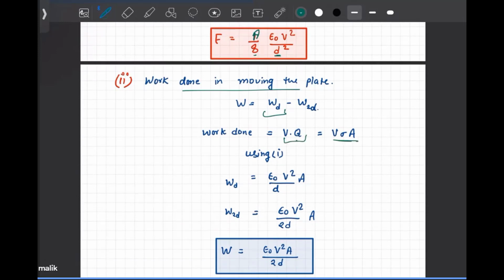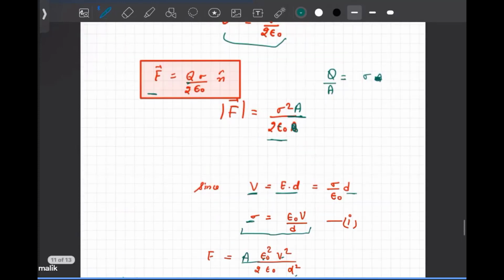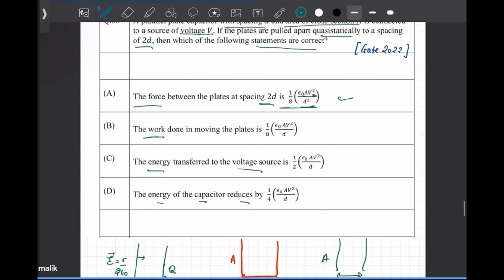The charge Q is sigma into A, and sigma is again written in terms of V and D as epsilon naught V upon D. At distance 2D, the work done is final minus initial, so these two quantities are the same and it becomes 1 minus 1 by 2. This leads to work done as epsilon naught V square A by 2D. So this option is wrong.